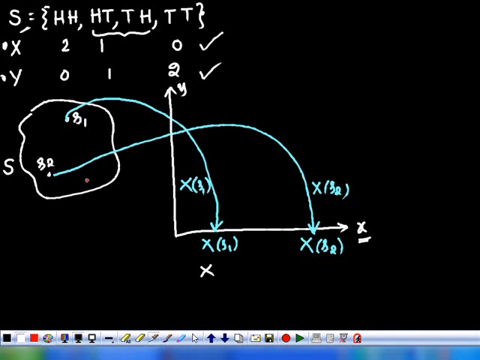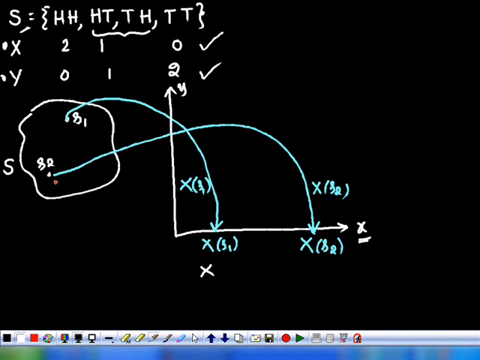Because when we perform the experiment, either of these two outcomes can come up. At a time, one outcome will be there. Then x of S1 is the value taken by the random variable x, and x of S2 is the value taken by x when the outcome is S2. Understand?